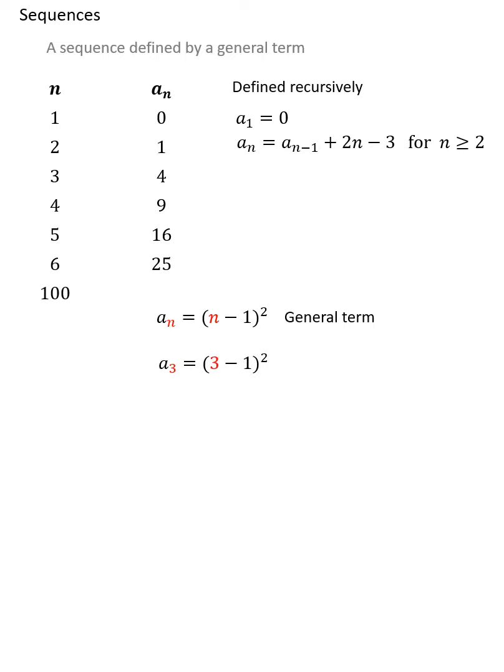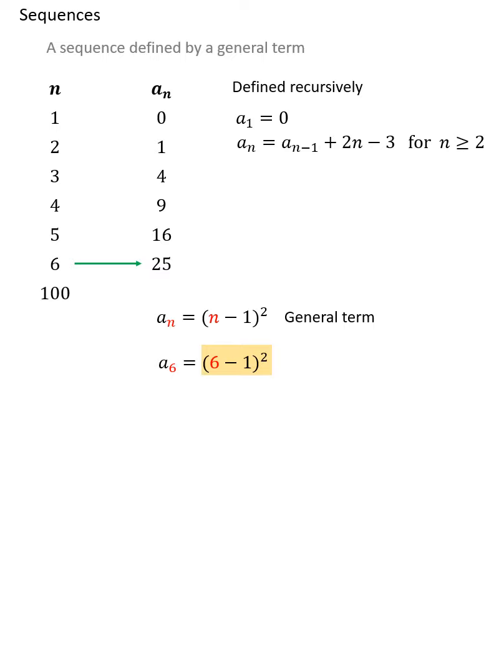Continuing, if we plug in 3 for n, work out this box, hopefully you got 4, which is consistent with plug in 3, get out 4. And the exact same thing continues. If we plug in 4 and work out this box, we get 9. When we plug in 5 and work out this, we get 16. And when we plug in 6 and work out this, we do in fact get 25, you'll notice.